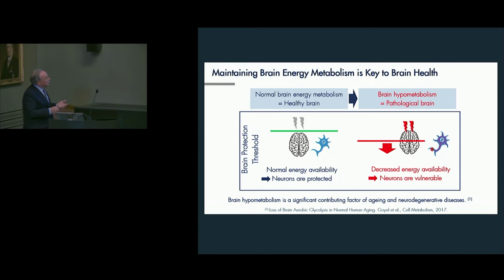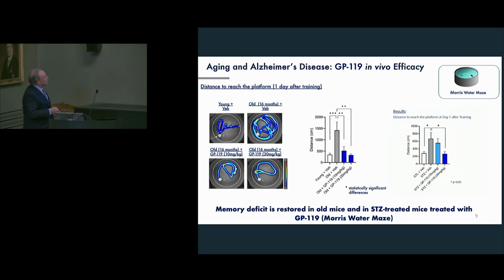The idea being that you decrease the threshold if you have an energy crisis, you decrease the threshold for any insults to be neurodegenerative. And this is just very recent data on aging mice.